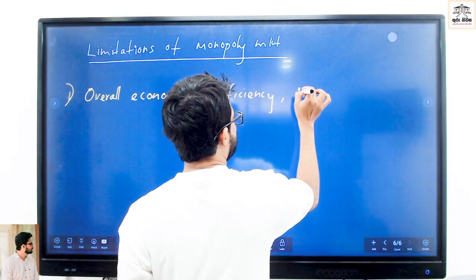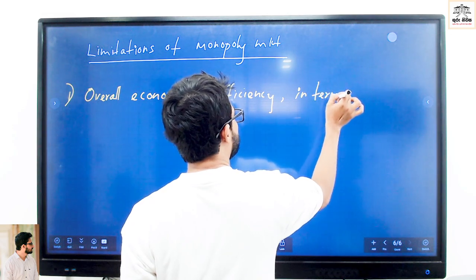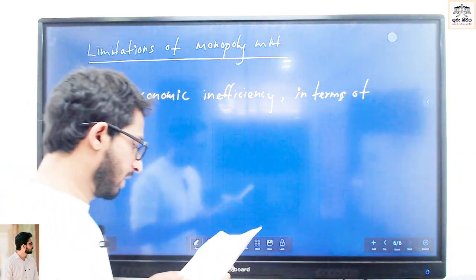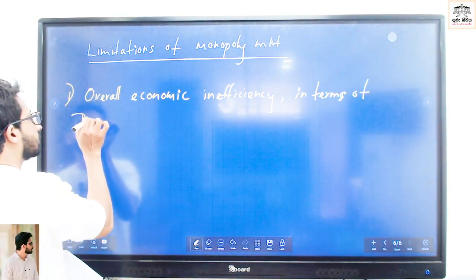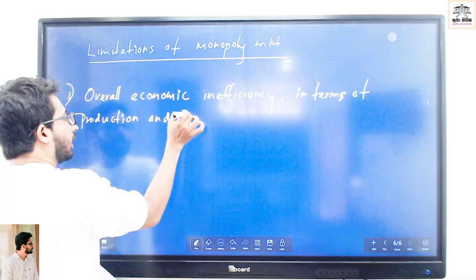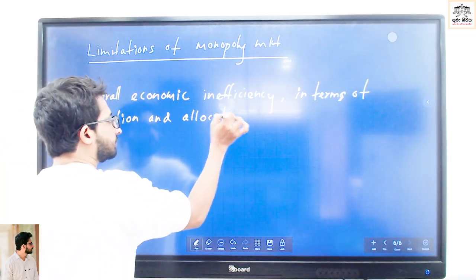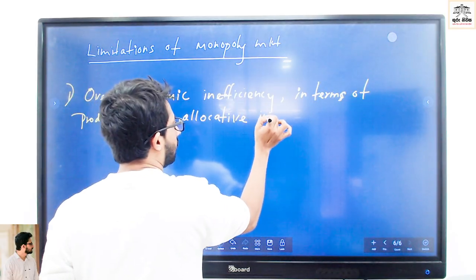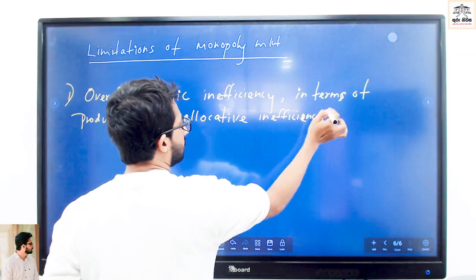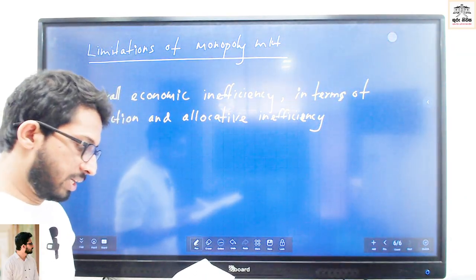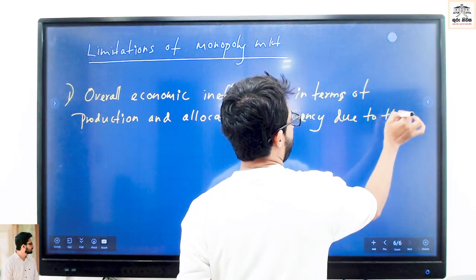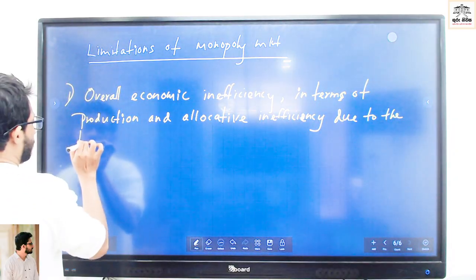Overall economic inefficiency in terms of production and allocative inefficiency, due to the lack of competition.